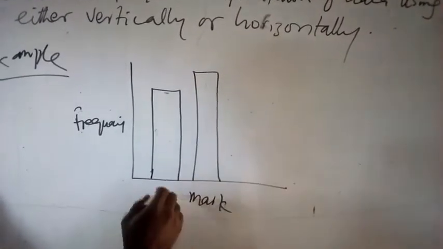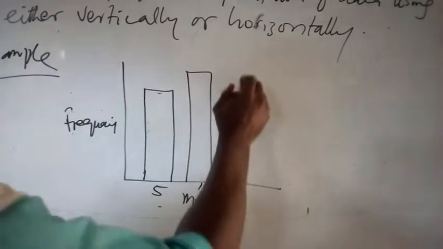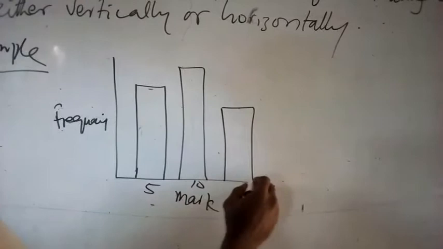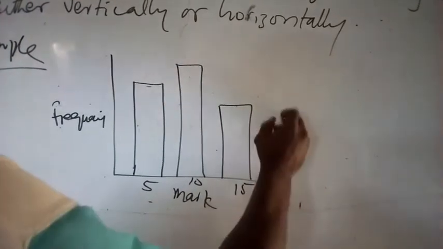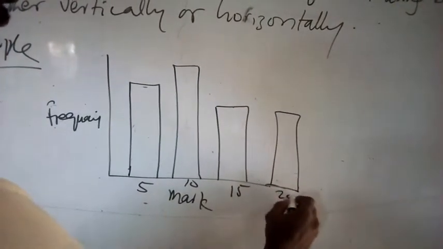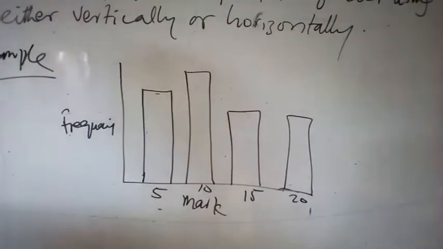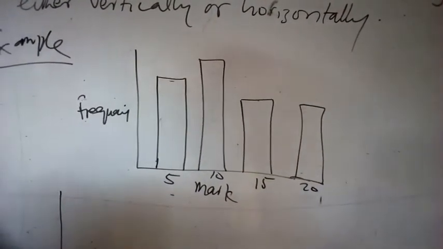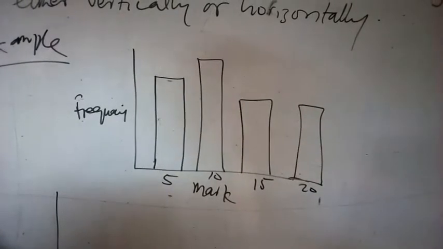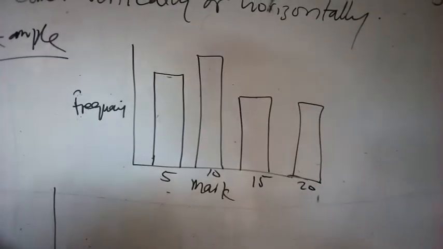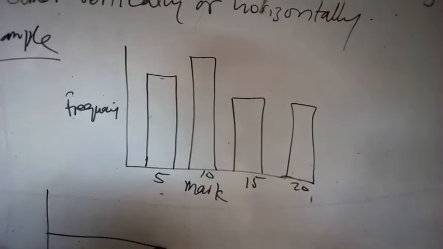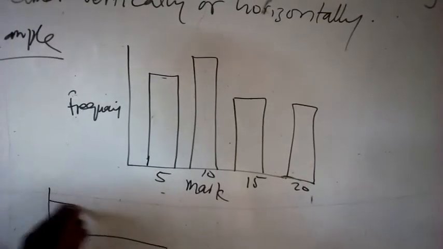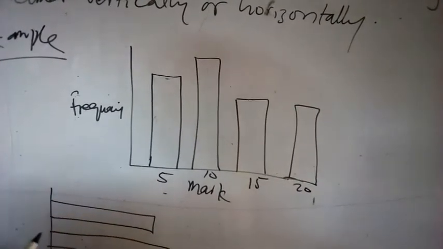You can present it like this, 5, 10, 15, 20, and so on. Or you can present your bar like this. You can also present it like this. That's why I'm saying that it can be vertical or it can be horizontal.